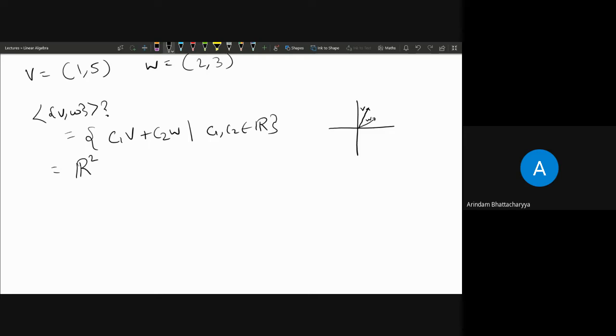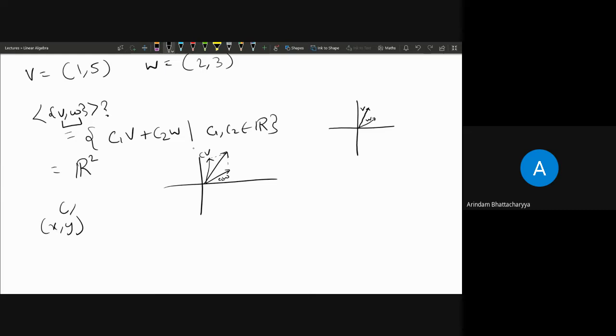So that's the idea, that somehow just two vectors are able to populate the whole space, because given any random vector, I can write it as a sum of a multiple of V and a multiple of W, right? So can someone tell me a breakdown of this?